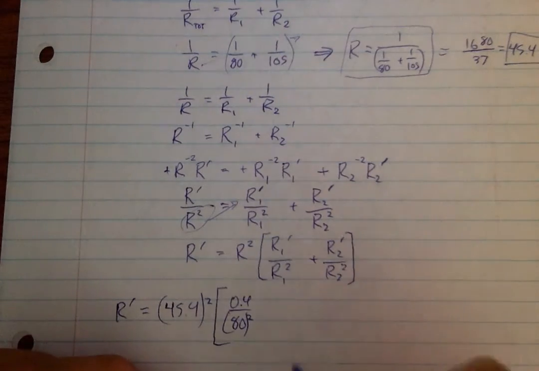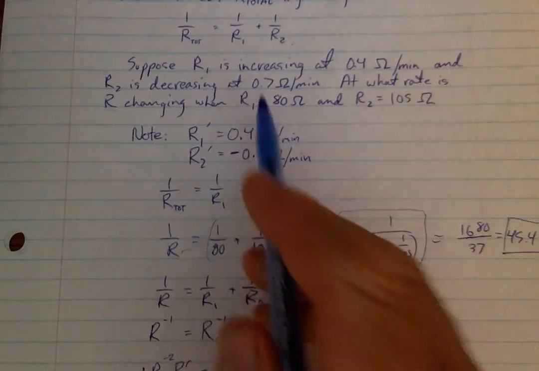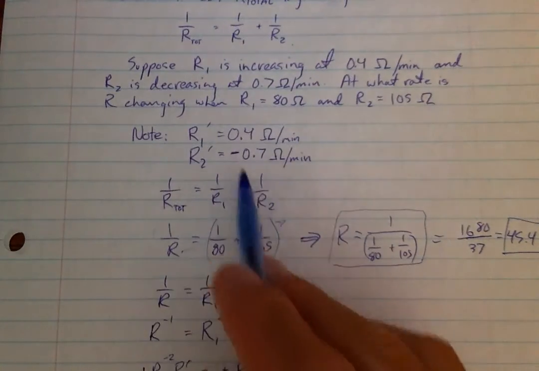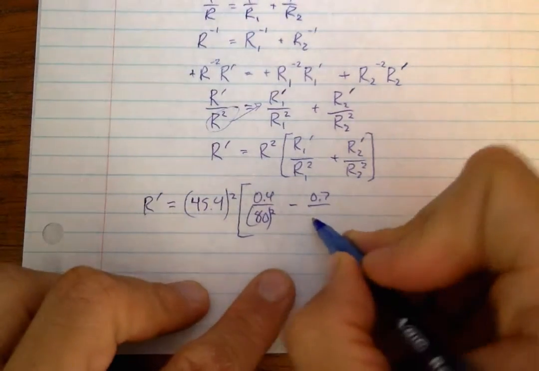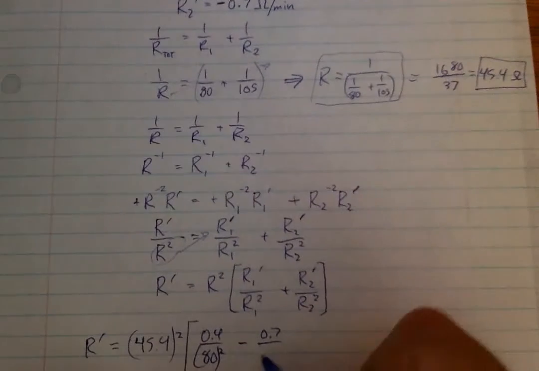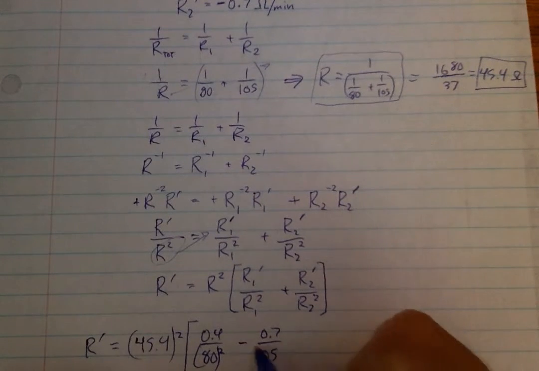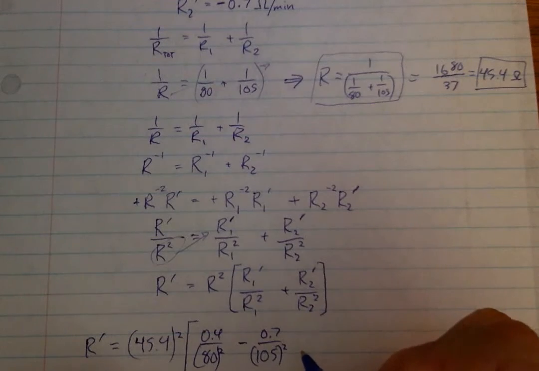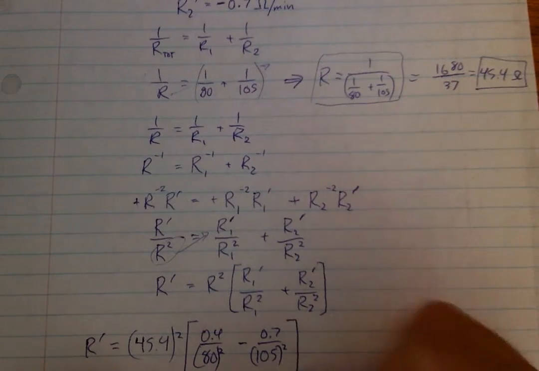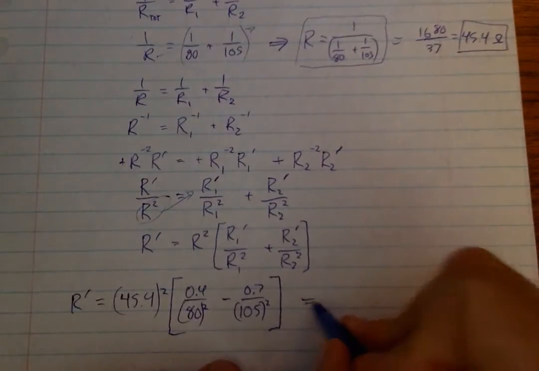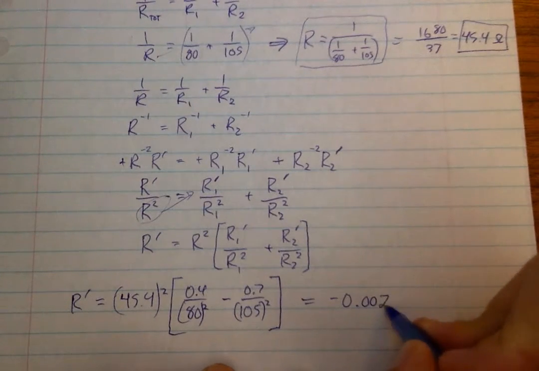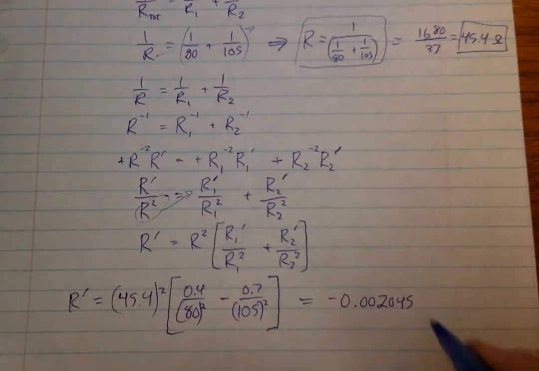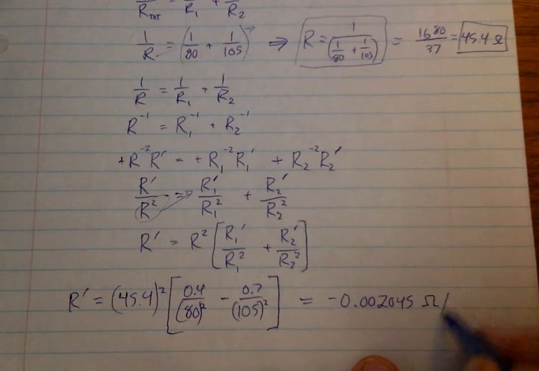And now our R2 prime, that was minus 0.7. Minus 0.7 over, and then our R2 value given up here was 105, 105 squared. And that gives us a grand total of negative 0.002045. And that is ohms per minute.